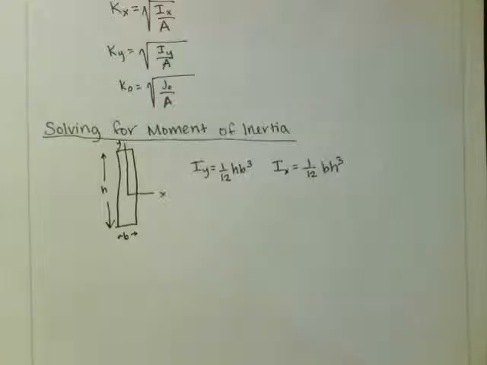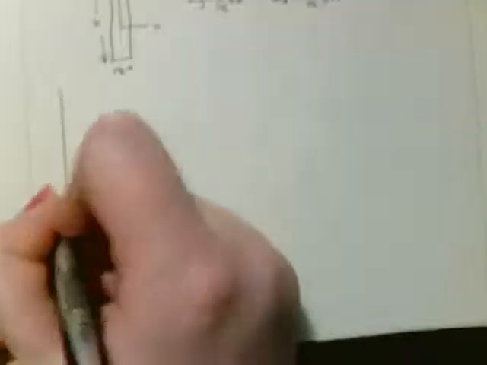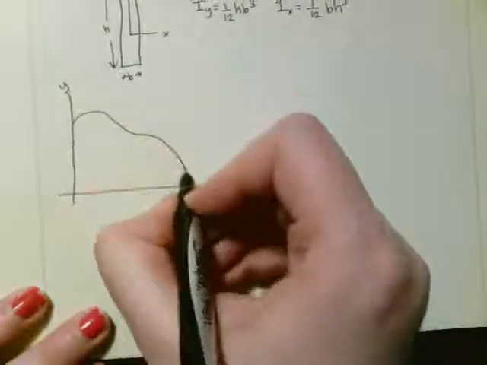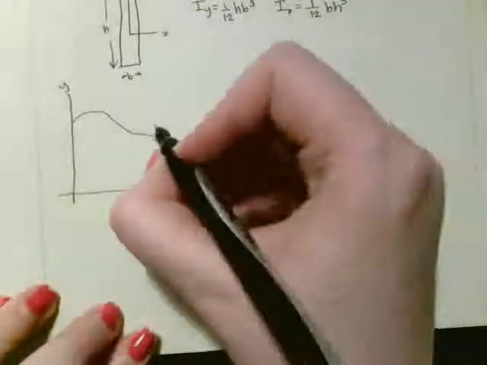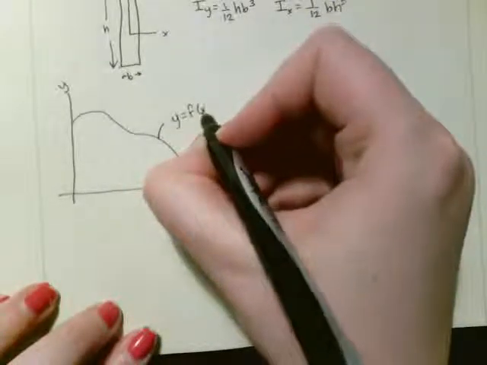Alright, so let's look at what happens when you can't just find it in the back of the book. Say we had an area that looks something like this. And this area has a line where y is equal to a function of x.